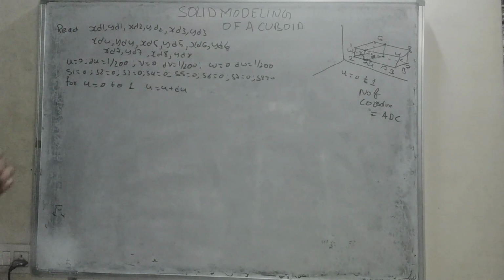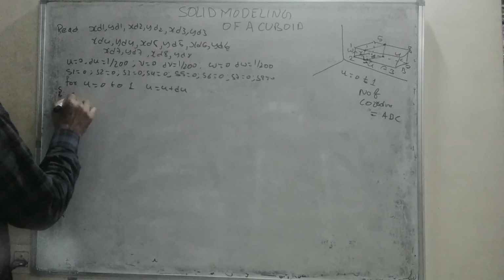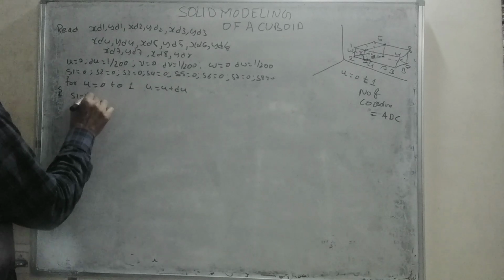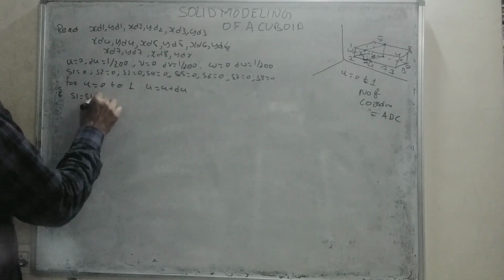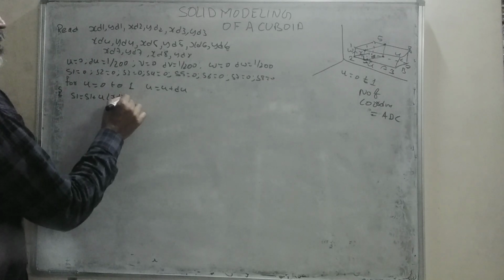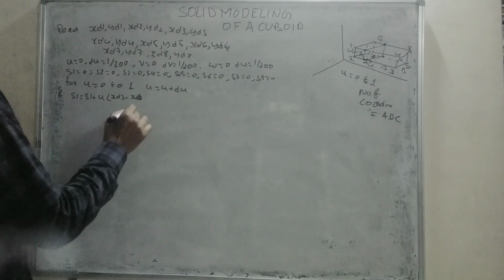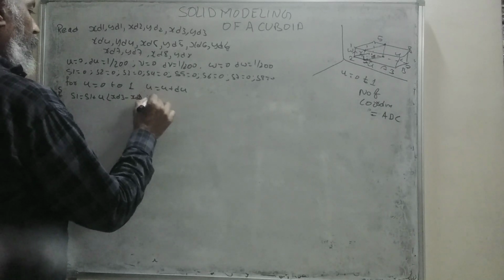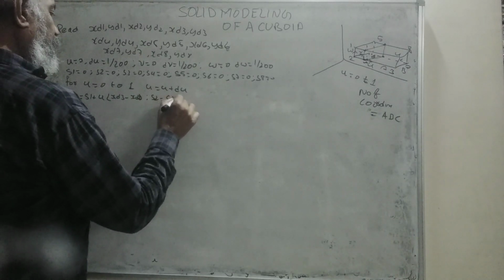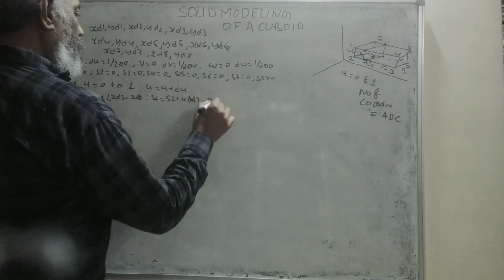Okay. In this, what are we trying to do? S1 is equal to S1 plus u into XD3 minus XD2. S2 is equal to S2 plus u into YD3 minus YD2.